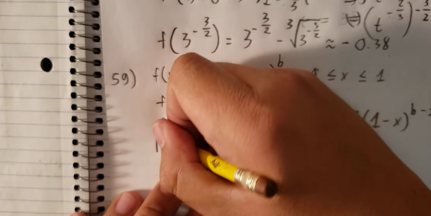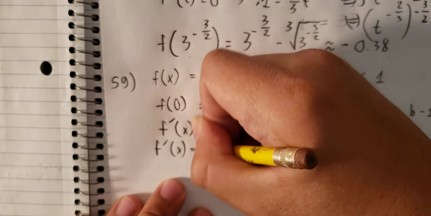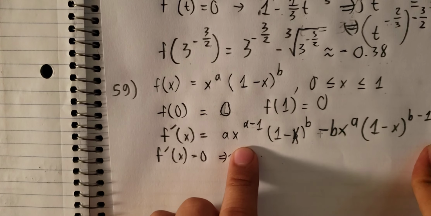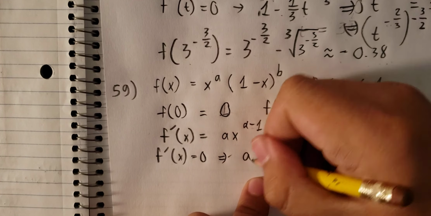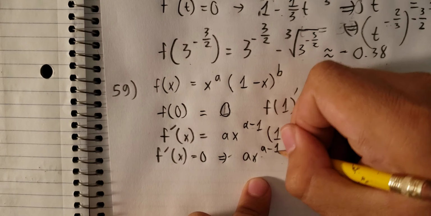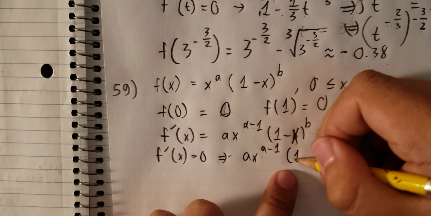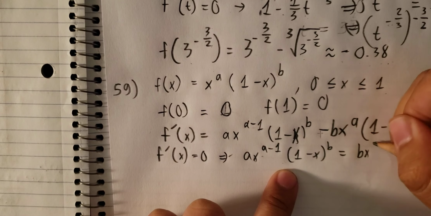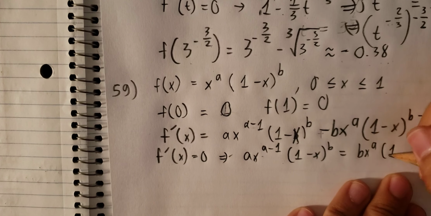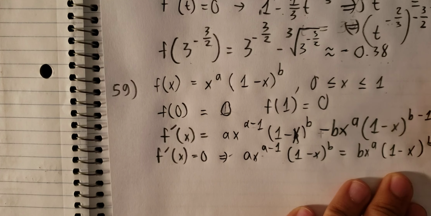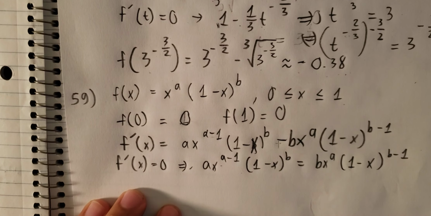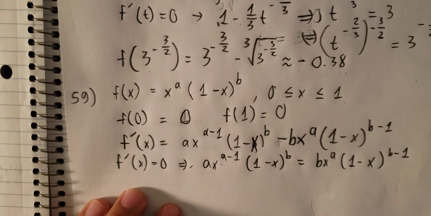So we put this function equal to 0. Because they are equal to 0, you put it like this: a s to the power a minus 1 times 1 minus s to the power b equals b s to the power a times 1 minus s to the power b minus 1. So we will simplify here.